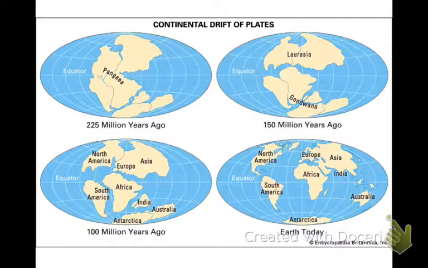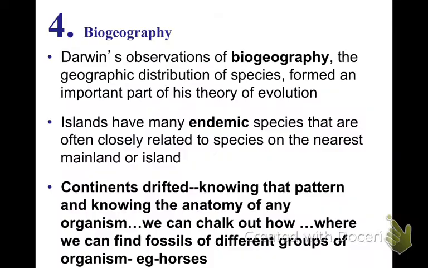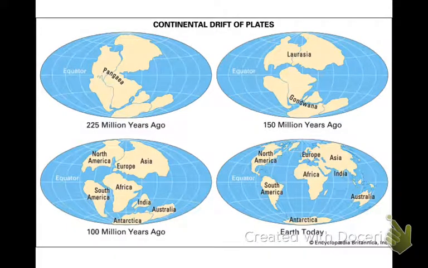Okay, then we come to another situation, which is biogeography. So I would like to go back to the previous slide and talk about continental drift of the plates or the land masses that we had.